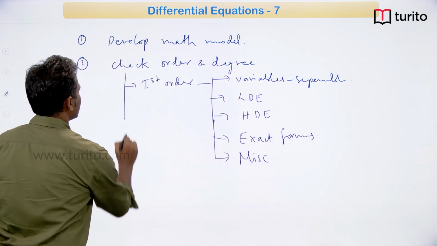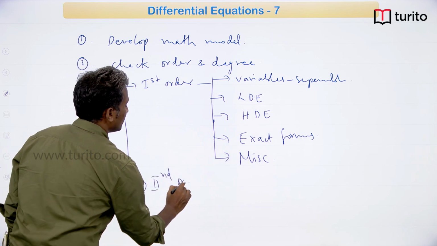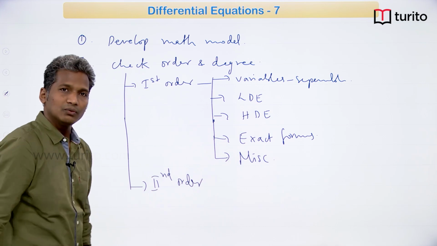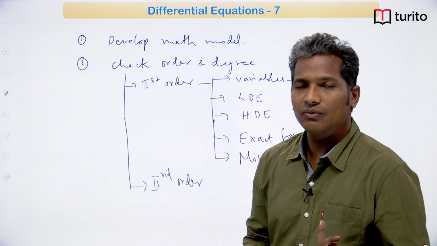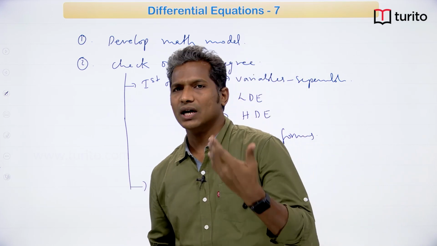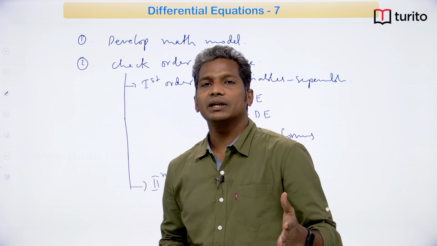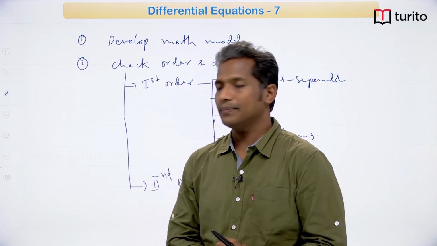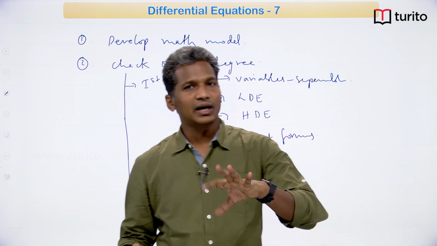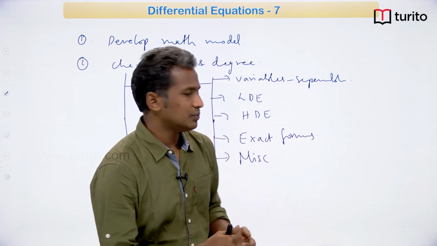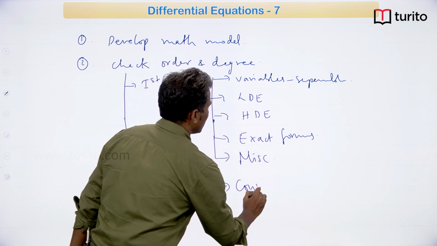Now what if we get second order equations? Second order means a double derivative is involved. What is the idea to solve equations involving second order? We have also discussed this in the last lecture or the one before. We basically convert them into linear and then try to solve them. When we convert them into linear, there could be different ideas also, but mostly we solve them by converting.